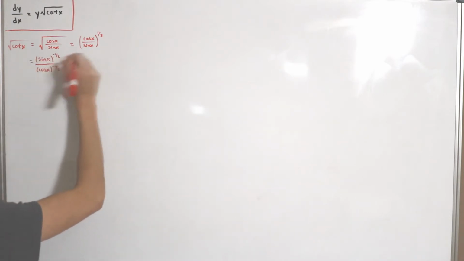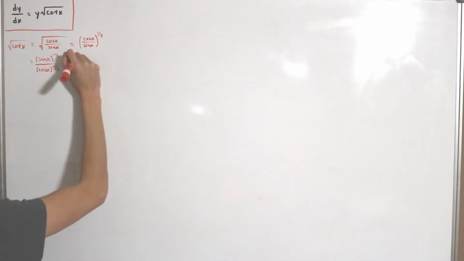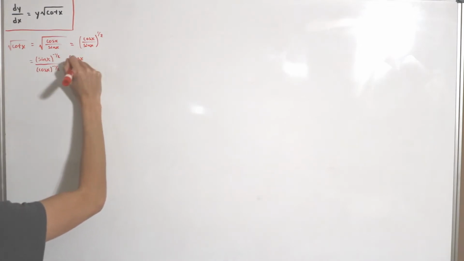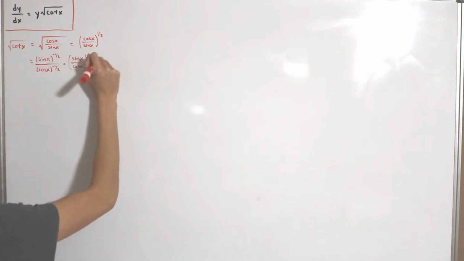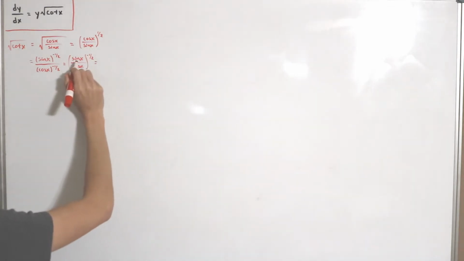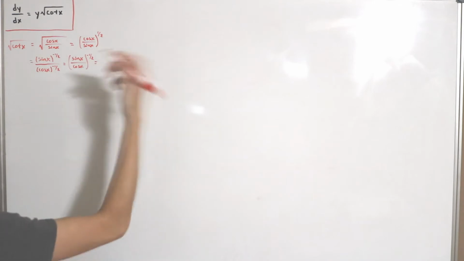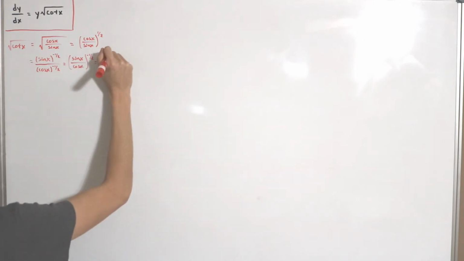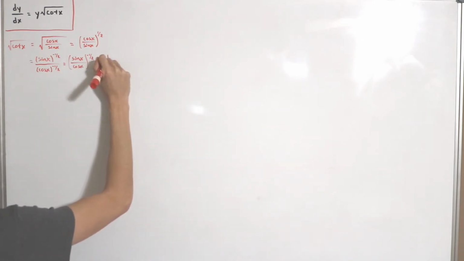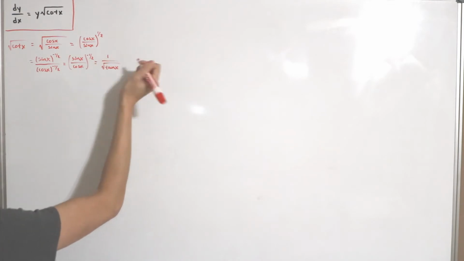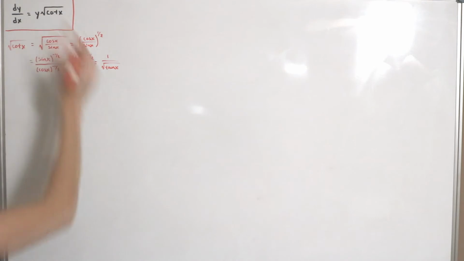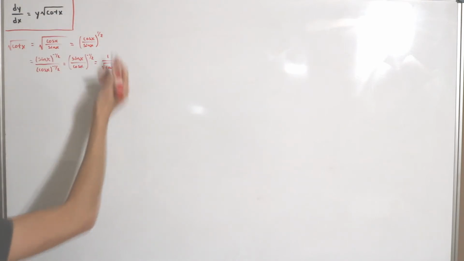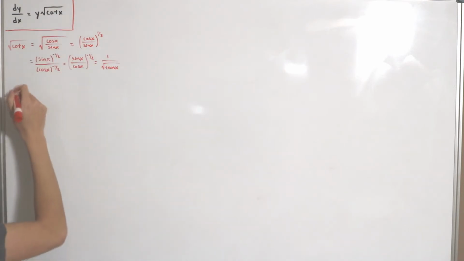Using the rules of exponents, that's sine of x divided by cosine of x, to the negative 1/2 power. And that's just tangent x to the negative 1/2 power, or in other words, 1 divided by the square root of tangent x. Okay, good. So let's replace our square root of cotangent x with the new rewritten form, 1 divided by the square root of tangent x.